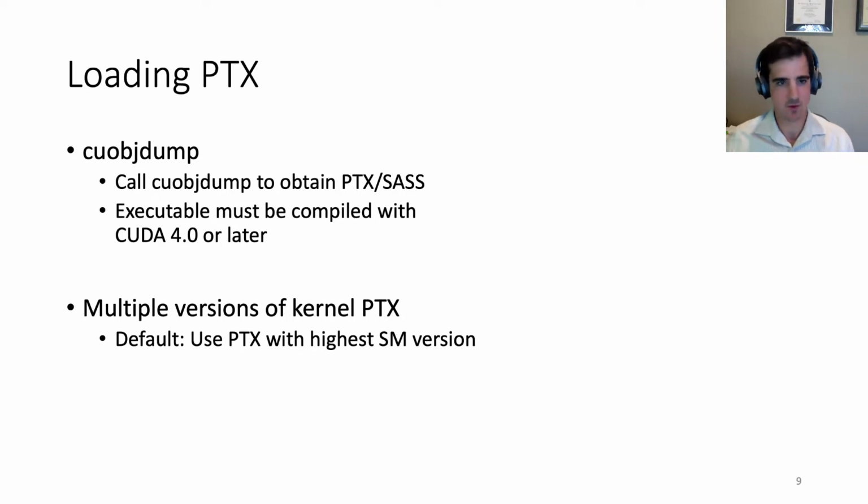So what we're going to focus on here is the PTX. It supports CUDA 10, compiles many different CUDA applications, and it's been around since CUDA 4.0. We use this cuobjdump.